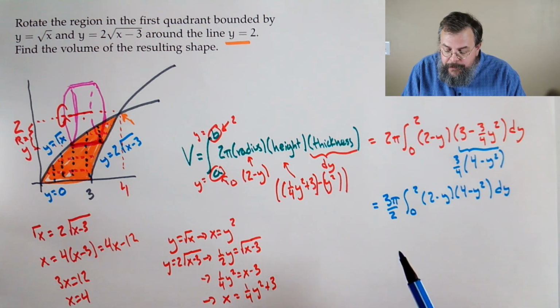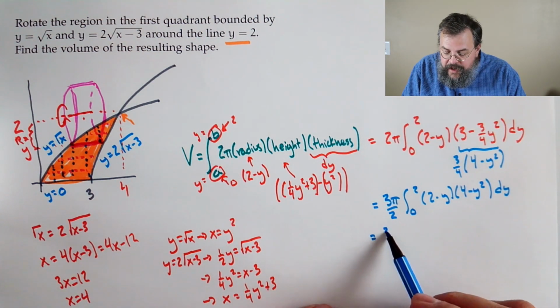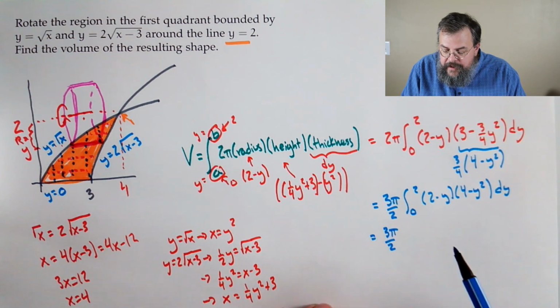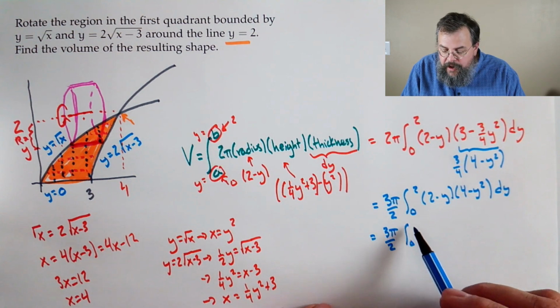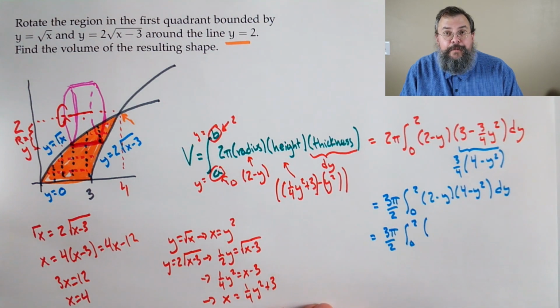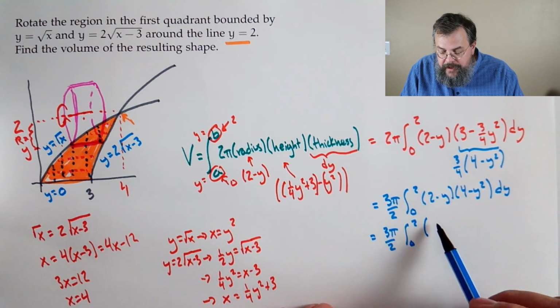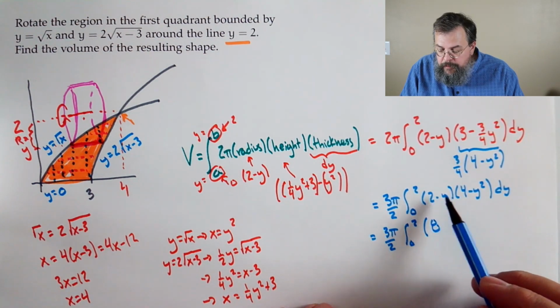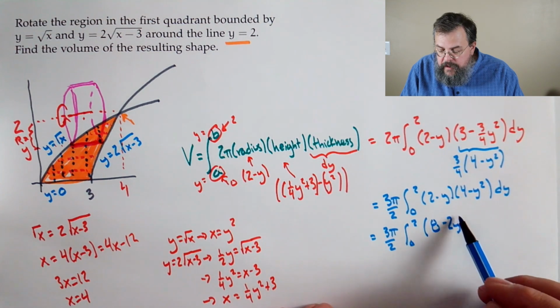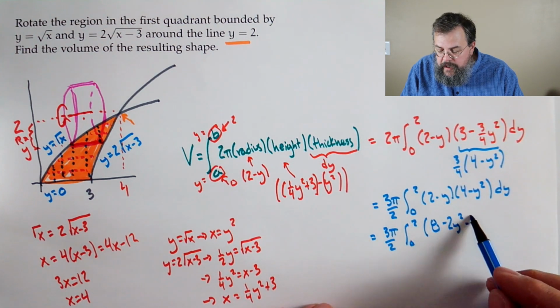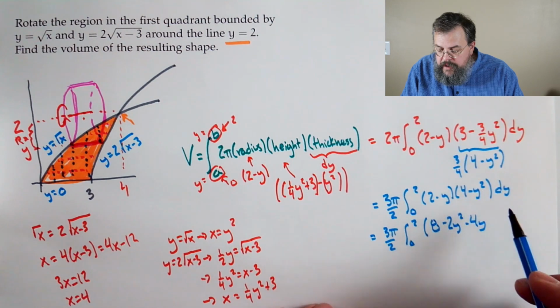So we're going to do our foiling. Good practice, right? In fact, calculus is a great time to really hone your algebra because there's lots of opportunities. 2 times 4 is 8, then minus 2y squared, then minus 4y, and plus y cubed.